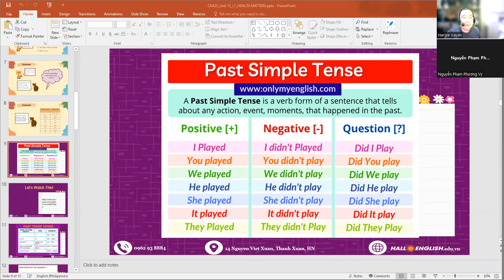Now remember, if we are going to use the subject, I want you to remember this: I, we, they, you. Okay, so we have to use did for the positive one. Okay, I did, we did, they did, you did.